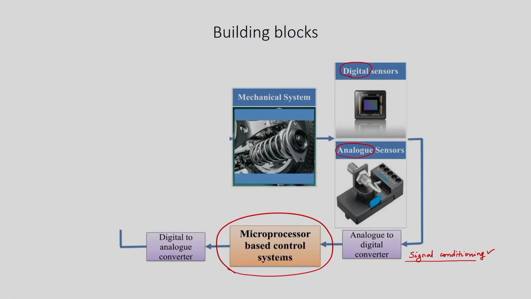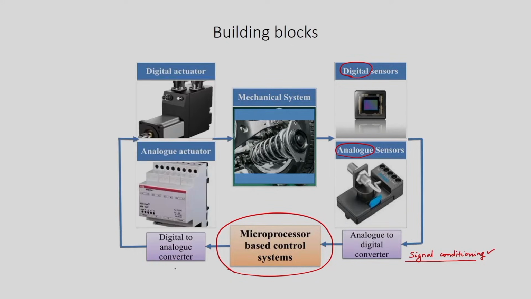Then the microprocessor is giving signals to the actuators through a set of signal conditioning devices. As we know, the microprocessors are producing a series of pulses, and based on that series of pulses we have to actuate the actuators. However, some of the actuators are using analog input, such as a motor. In this case, we have to convert the digital signal which is coming from the microprocessor into the analog form, and that analog signal will be utilized by the actuator.